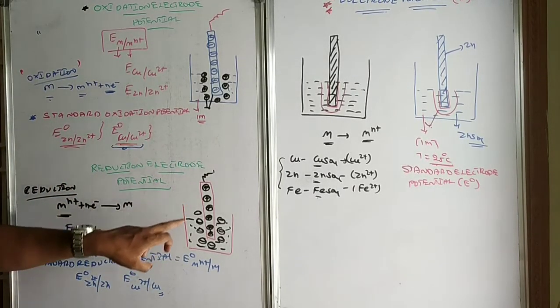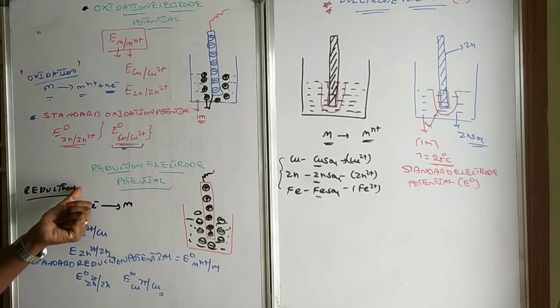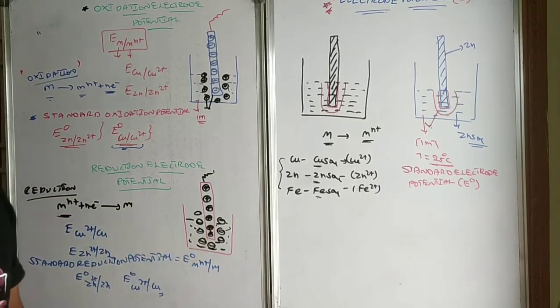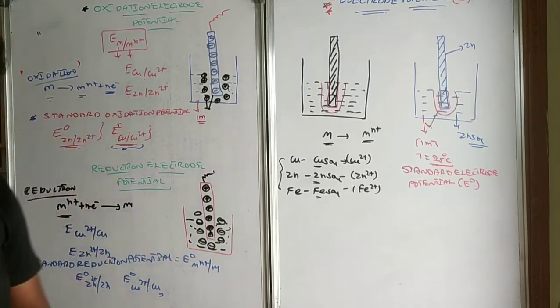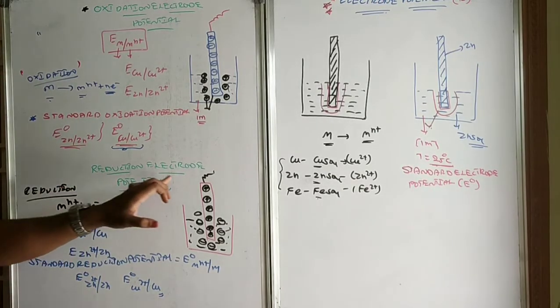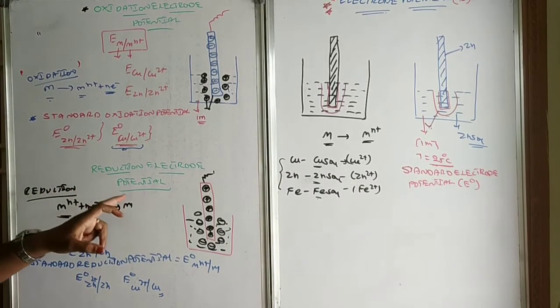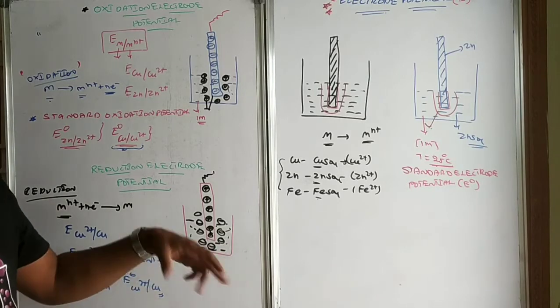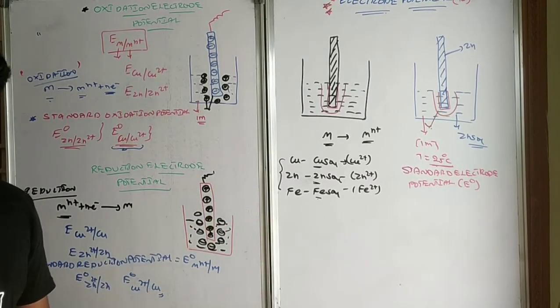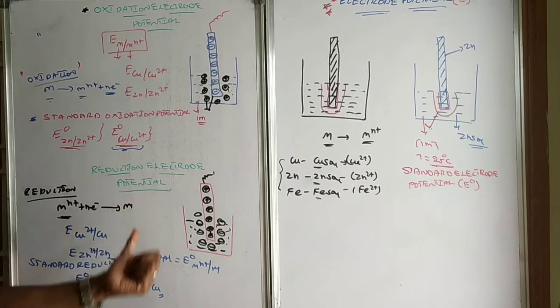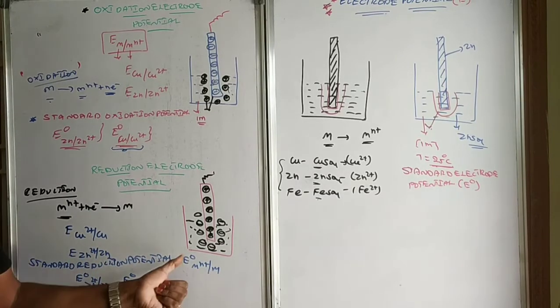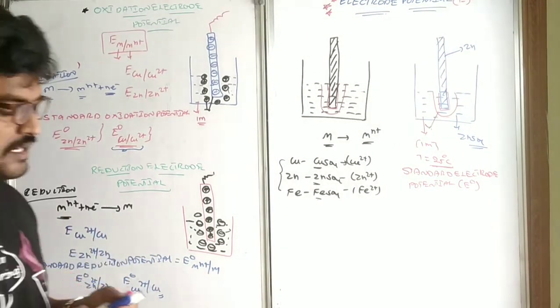When the electrode is dipped in electrolytic solution and the potential difference arises because of the reduction reaction, that is known as the reduction electrode potential. And if the solution is 1 molar and the temperature is room temperature, then it is known as the standard reduction potential, the E0 value, and then the E value.